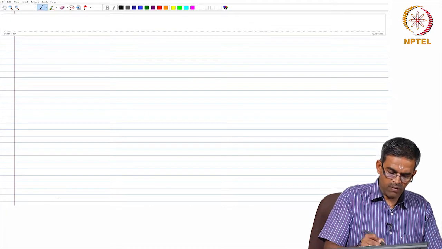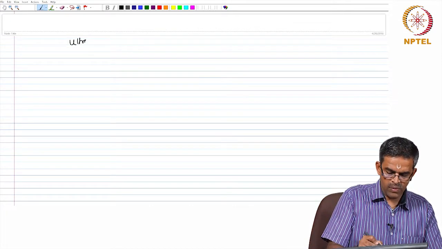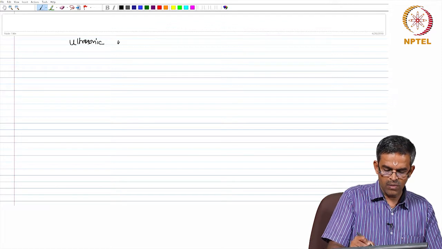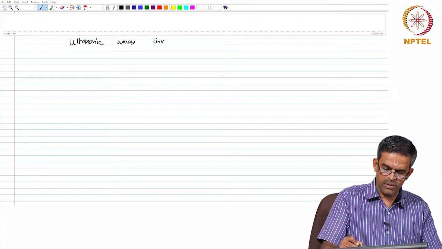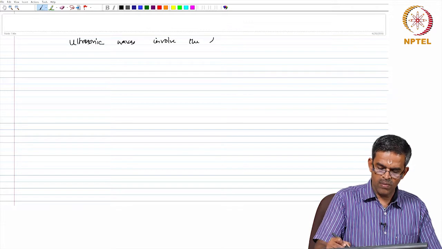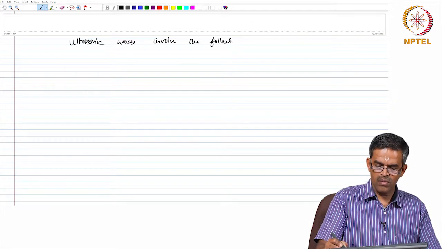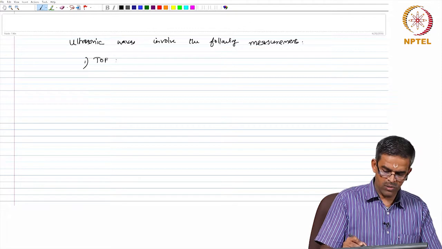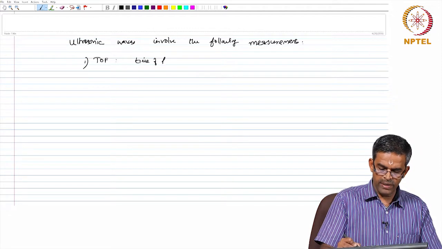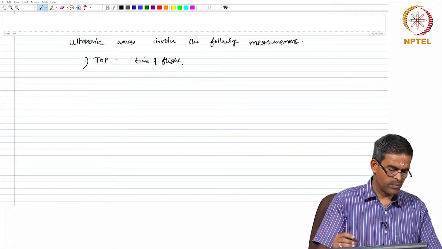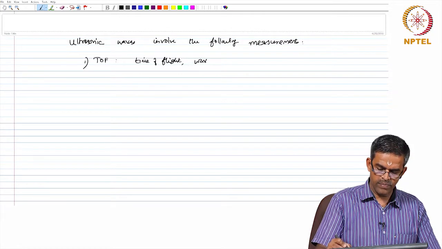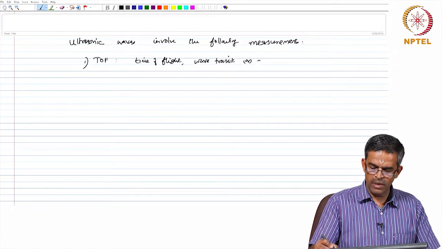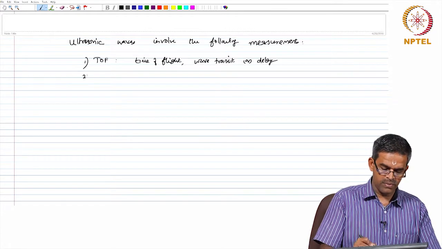Now, ultrasonic waves involve the following measurements. TOF, which talks about time of flight, wave transit or any delay in the wave transmission.